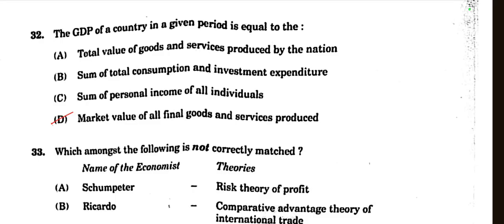Yes, this is the most accurate answer, because here it is the market value of all final goods and services produced, net national product at market price. So option B is the most accurate answer.